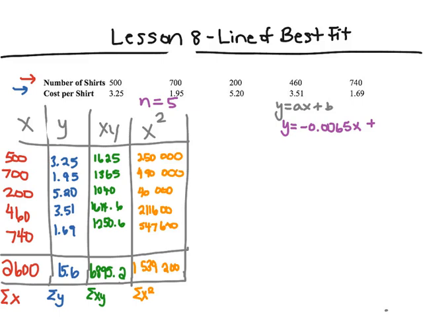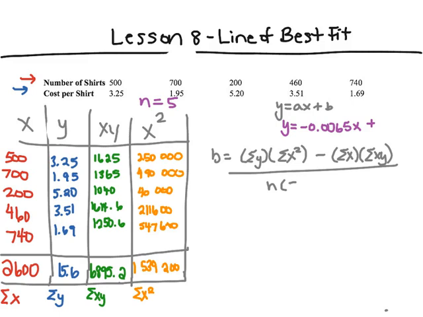Now we want to find our b value, so we're going to use the b formula. So b equals the sum of y times the sum of x squared minus the sum of x times the sum of xy, divided by n times the sum of x squared minus the sum of x, squared. Now we're going to plug in all of our numbers. So the sum of y we know is 15.6.